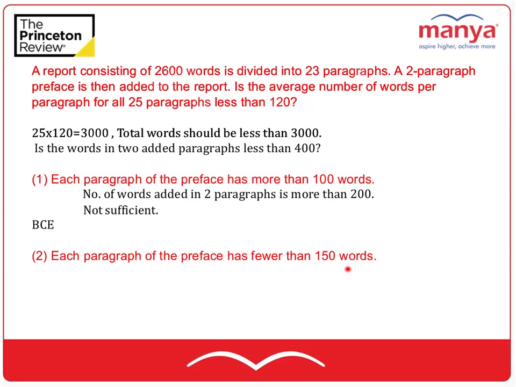So automatically I know what the question is actually asking: is the average number of words per paragraph for all the 25 paragraphs less than 120? I will definitely get an answer for this, and my answer will be yes, right? So this statement alone is sufficient for me to get the answer.